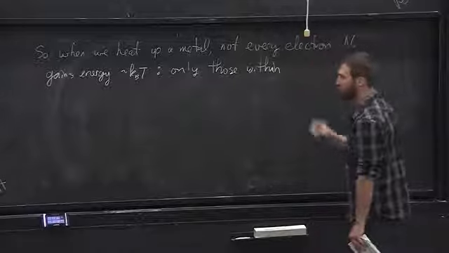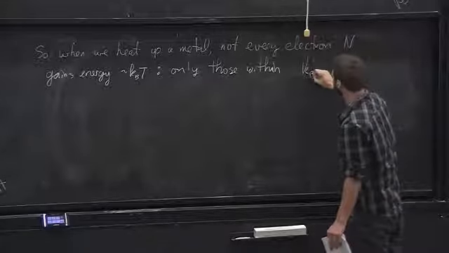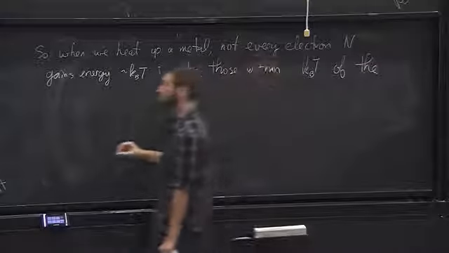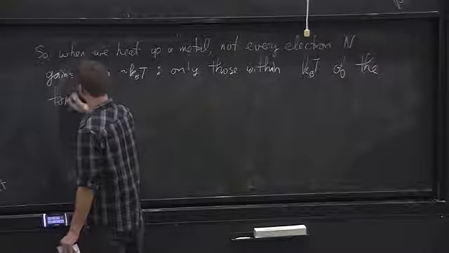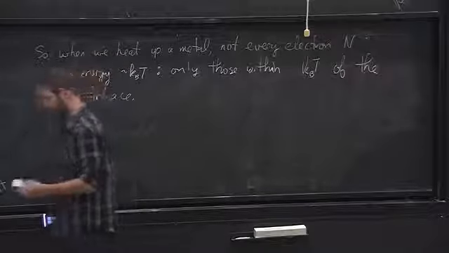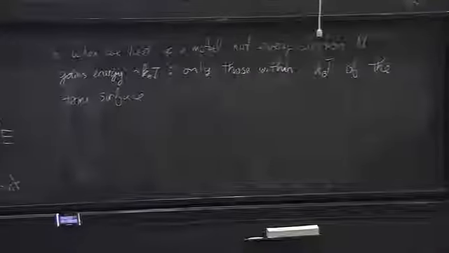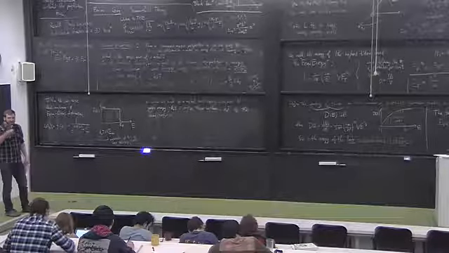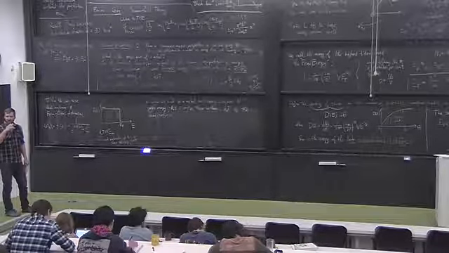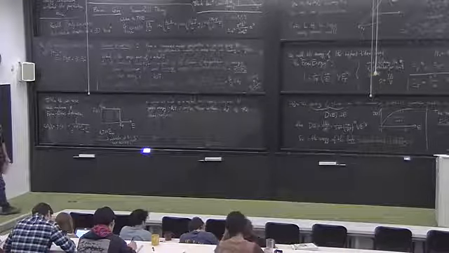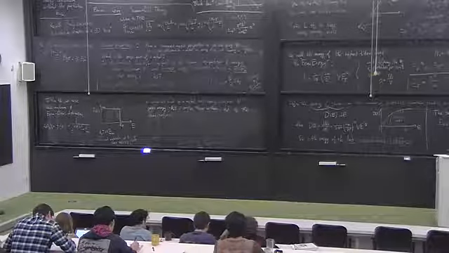So say only those within that range, so say kBT. So the rest are locked in here. Those electrons can't move. They can't be excited, they can't lose energy, because the electronic states immediately surrounding them are all filled, and the Pauli exclusion principle won't let them.